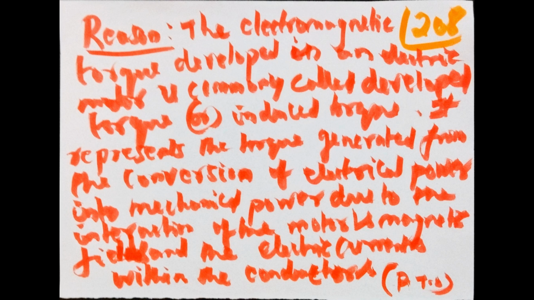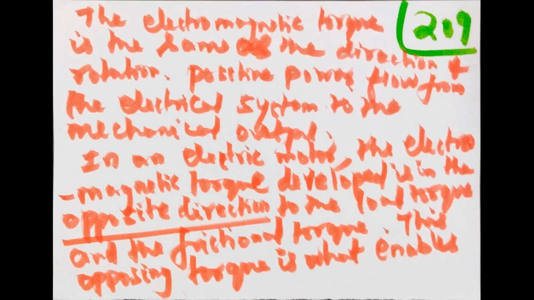It represents the torque generated from the conversion of electrical power into mechanical power due to the interaction of the motor's magnetic fields and the electric currents within the conductors. The electromagnetic torque is in the same direction as the rotation, with positive power flow from the electrical system to the mechanical output.